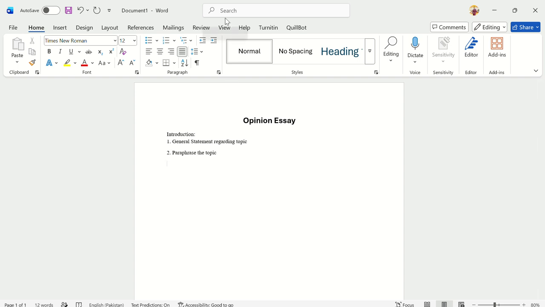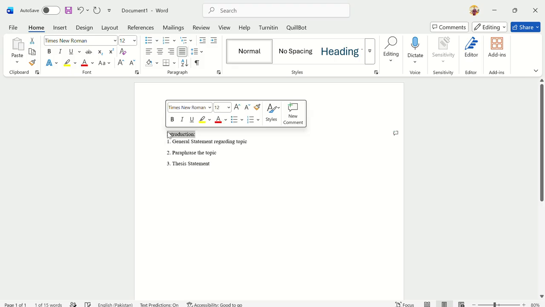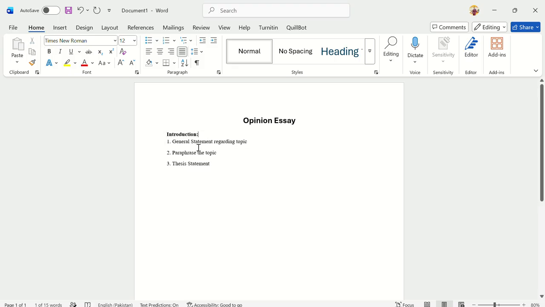And the third thing, you have to write the thesis statement. So in your introduction, you have to write these three sentences: a general statement in around one line, a paraphrase in one sentence, and a thesis statement again in one sentence.